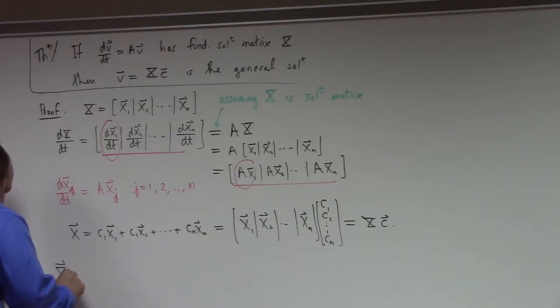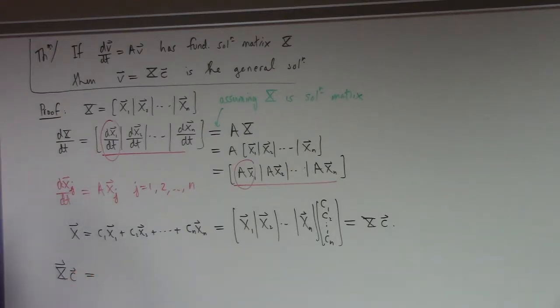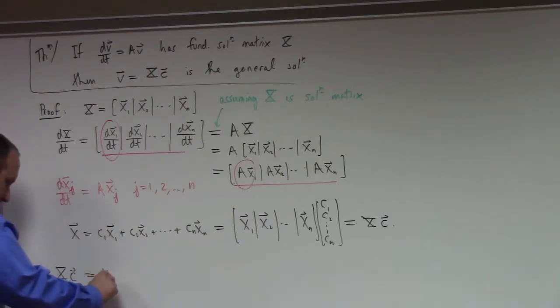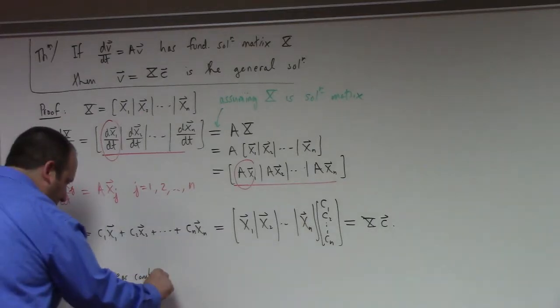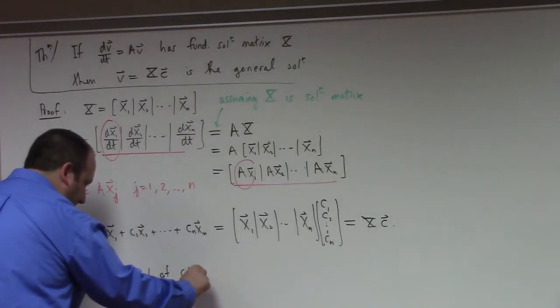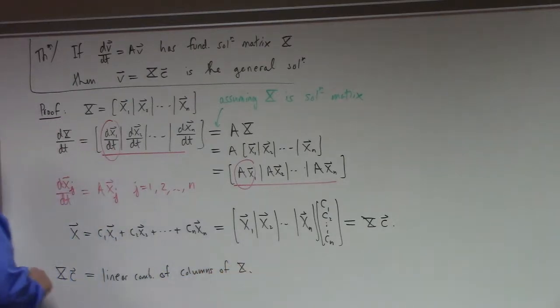What is this, though? Ooh, sorry, no vector here. What this is, is a linear combination of columns of x. Just a remark, okay?